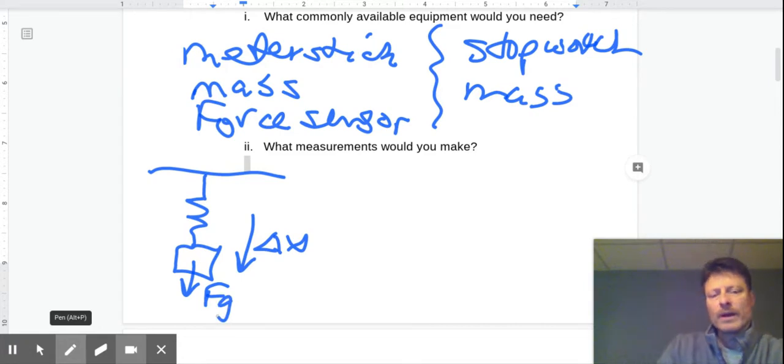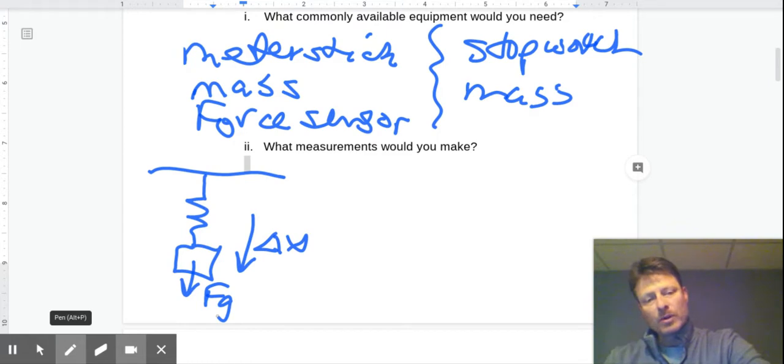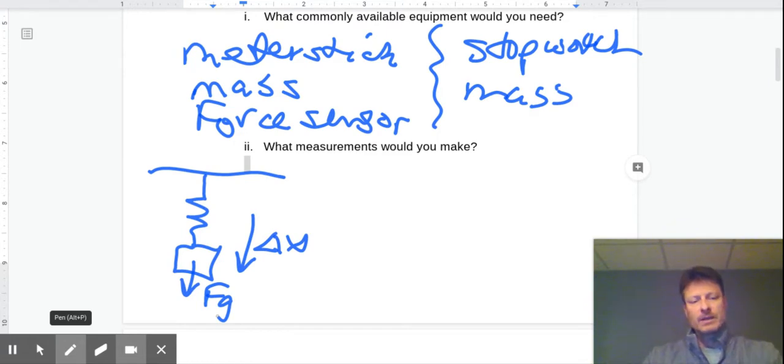We did that in the lab. That's probably the way I would expect most people to do it. When I said a force sensor, you could also lay this horizontally and pull the mass with a certain amount of force, and it would elongate the spring. You could measure it. So either way would work.